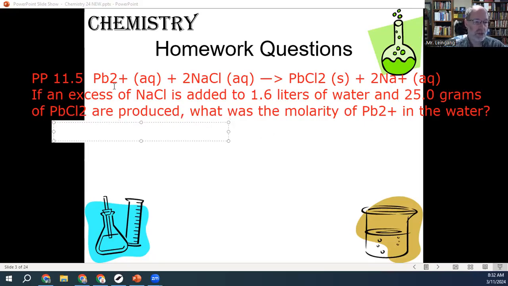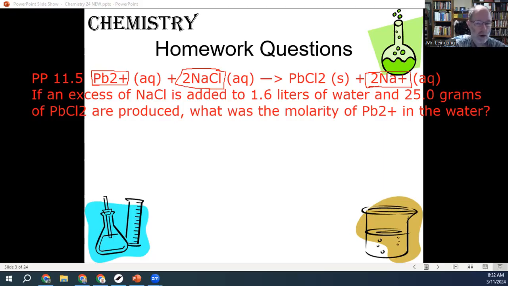The relationship between the Pb2+ and the NaCl is a 1:2 molar ratio. So we're going to need to account for that in our calculation.